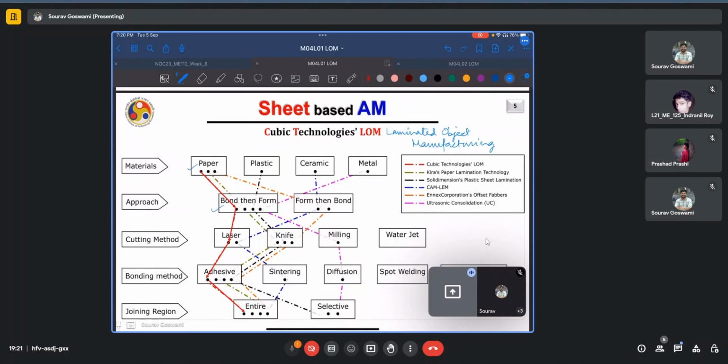We discussed in the previous slide why, especially for materials like paper, which are very flexible and which need support structures, the bond and form approach is the only practical way to go. For cutting of those contours, it uses a laser, and bonding is done by an adhesive, and the entire region is joined.